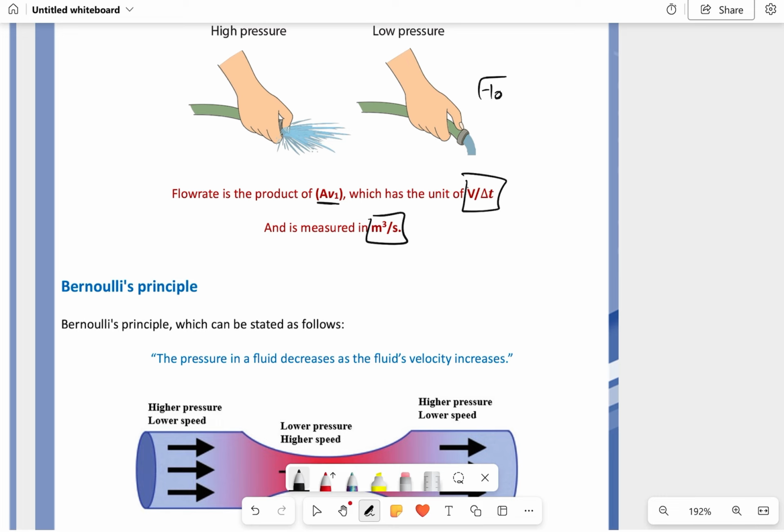We will say flow rate is equal to volume divided by delta t, or flow rate, you remember, is equal to A1 v1, which is equal to V divided by delta t, and it has a unit of meter cubed per second. The volume of the water divided by the time interval.